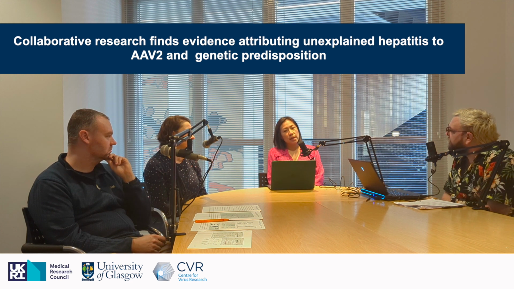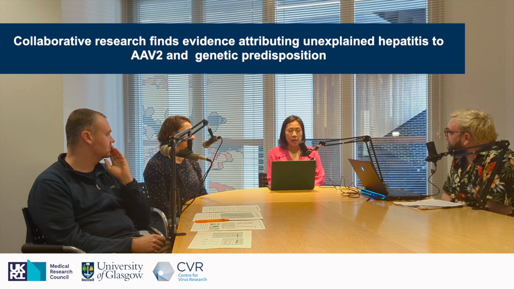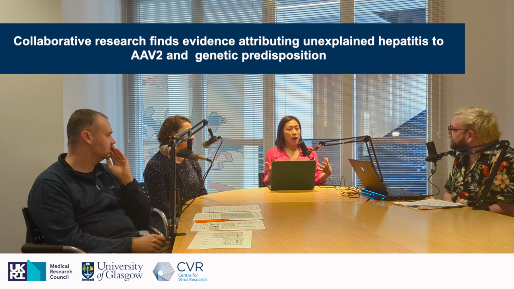ISARIC was set up after the 2009 influenza H1N1 pandemic, because they noticed that when there is an outbreak, everything is quite chaotic. Everyone's scrambling to understand a new disease.